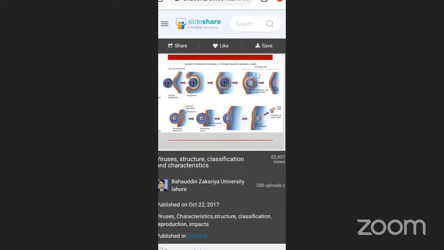Then the viral genome replication is mediated by the early protein expression. So what happened here? Some early genes are there, and those early genes can help in the synthesis of these nucleic acids, maybe RNA or DNA, any one.